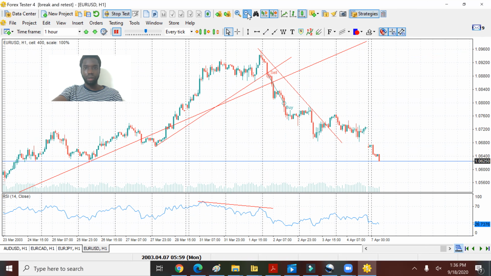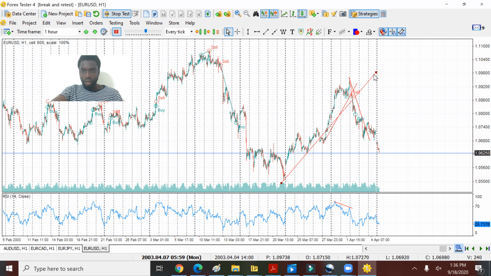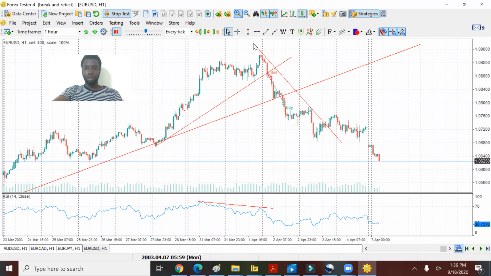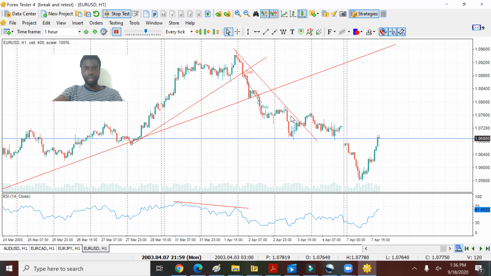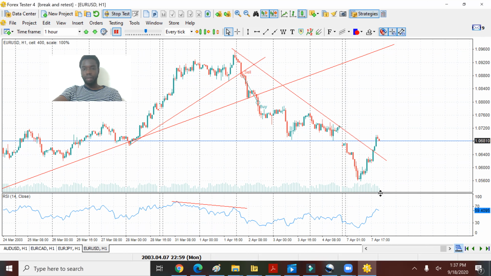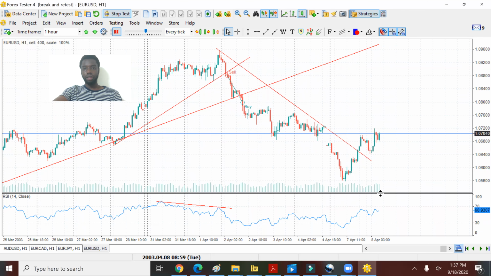My trend lines have to move. Waiting for some divergence, break this trend line. Didn't get any market divergence for the break.